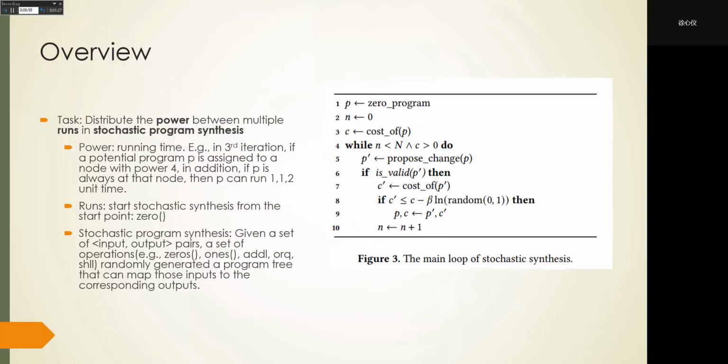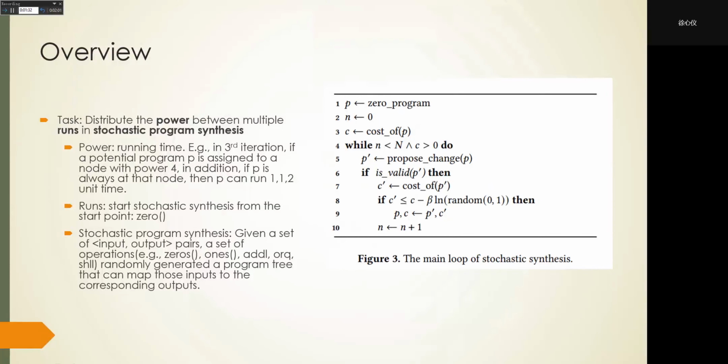Here again, power means running time. In stochastic program synthesis, a trial means you start the synthesis from a zero point.